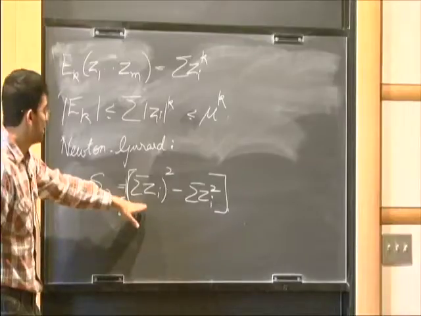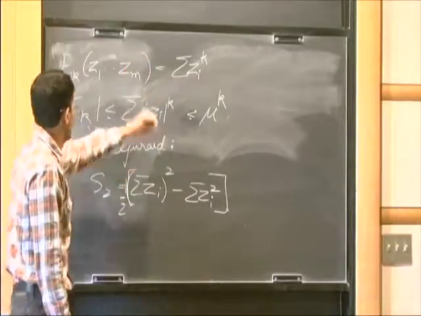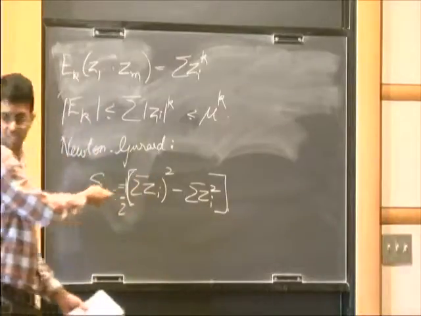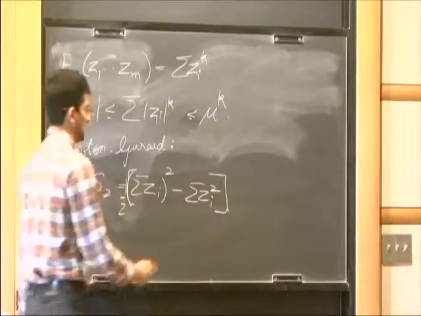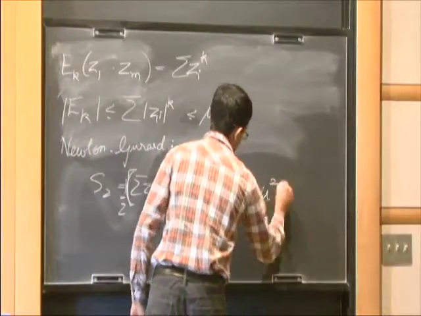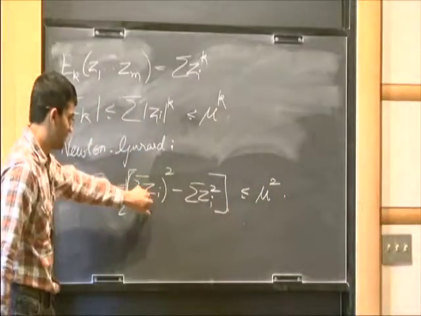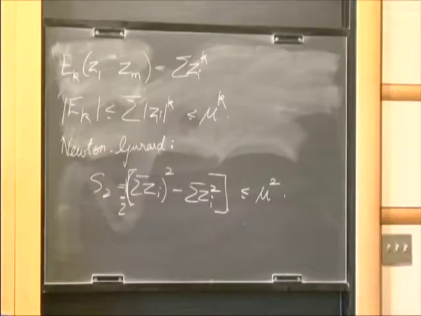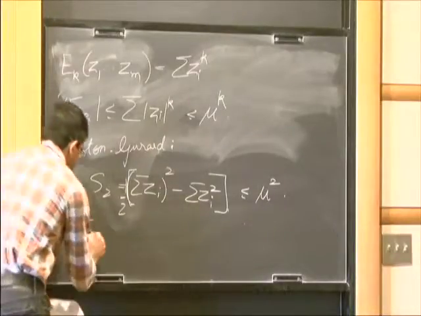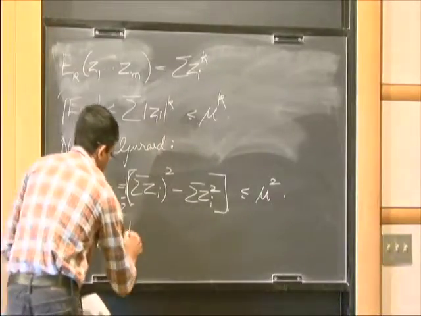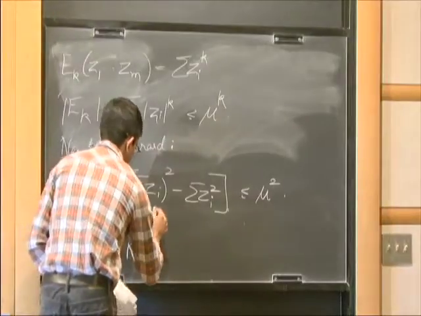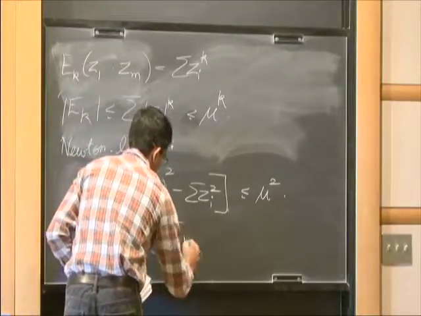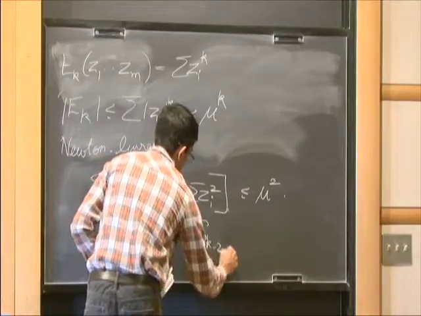So here immediately I would get S_2 is less than mu squared. So this immediately gives me that S_2 is less than or equal to mu squared, right? Because this quantity is bounded by mu squared, this quantity is bounded by mu squared, and I can divide by 2.